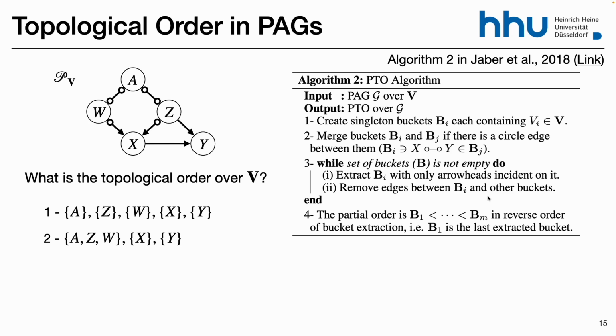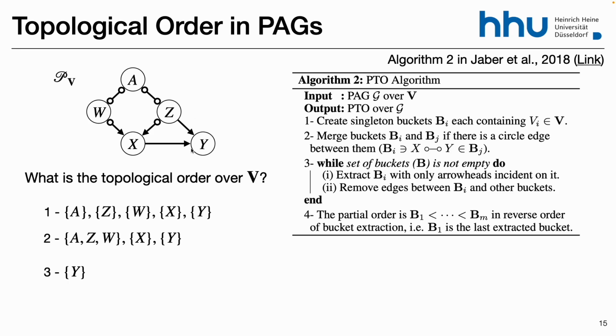So you start with Y since it's a singleton bucket, and it's the only one that only has incident edges. Right, so yeah, exactly. That's a while, sorry. So we get all buckets that have only arrowheads into it. This is the only bucket that has only arrowheads into it. Like X has this tail here, and the others too.